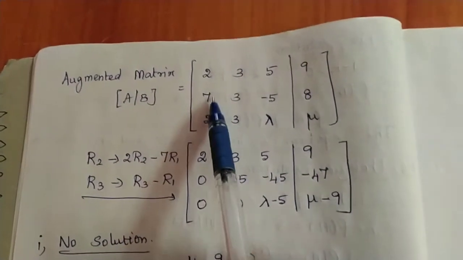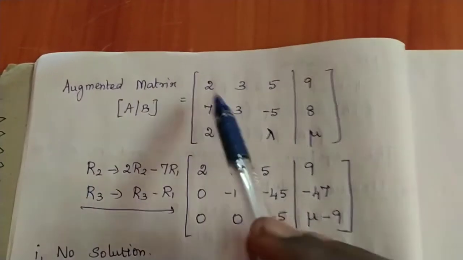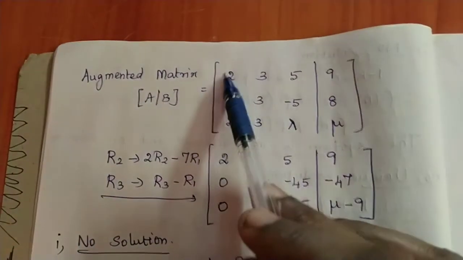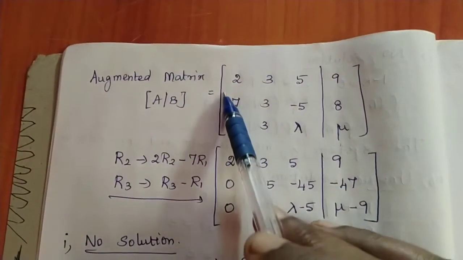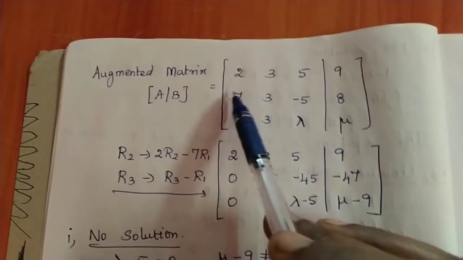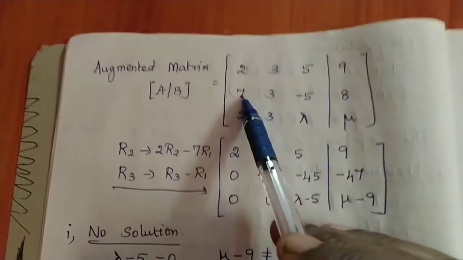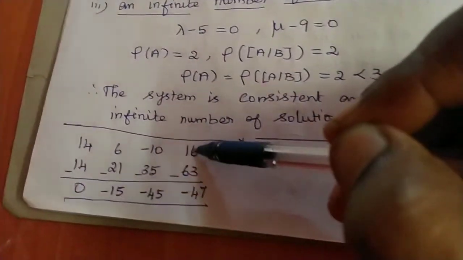See that one. Here 1 is there, then directly simplify. Here multiplied by 2, here multiplied by 7. That is 2R2, 7R1.